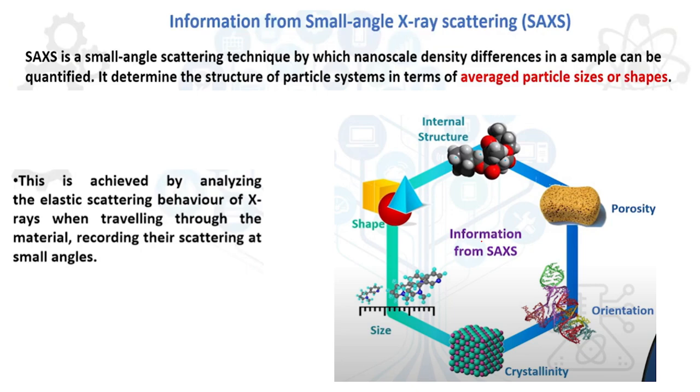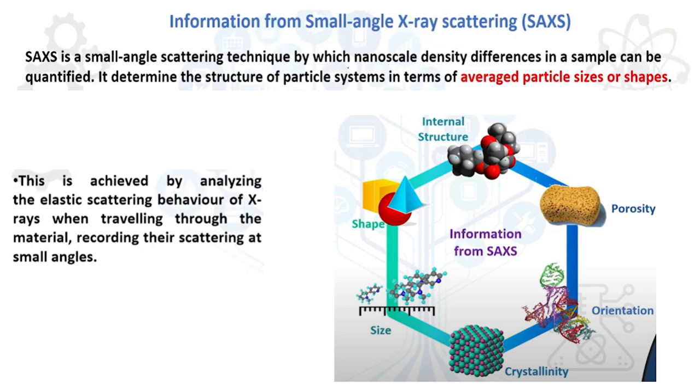Now this is small angle X-ray scattering, or SAXS. For wide angle we vary 2 theta from 5 degrees to 90 degrees, but here the angle is below 5 degrees or below 10 degrees. This is a small angle scattering technique by which nanoscale density differences in a sample can be quantified.